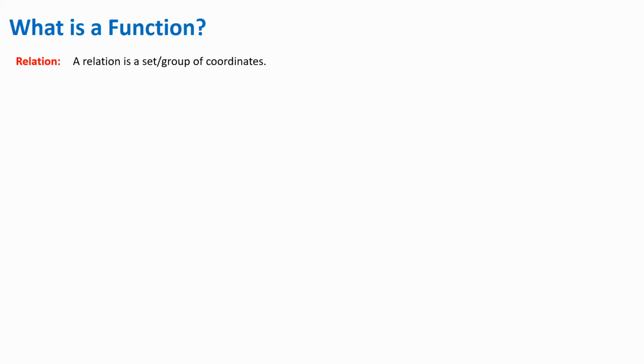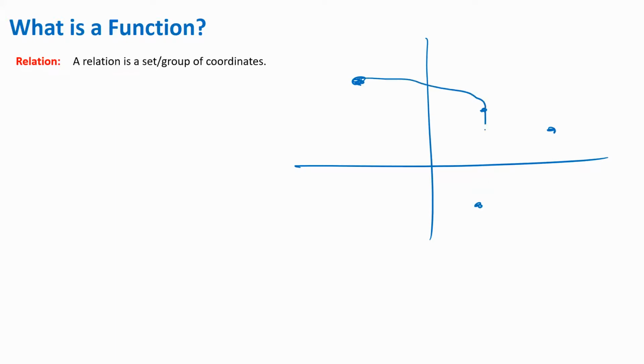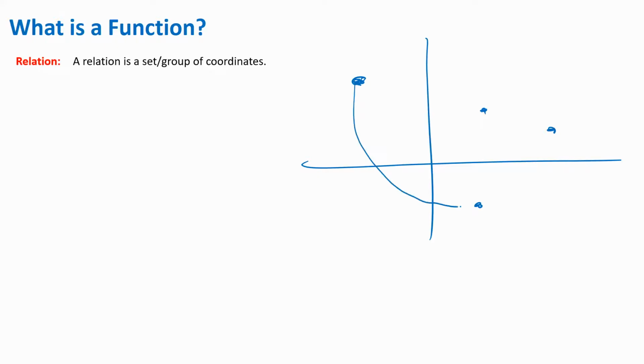So an example would be something like this. If I just did this coordinate, this coordinate, this coordinate, this coordinate, and I connected the dots this way, that's called a relation. If with the same coordinates, let's say I decided to connect it this way, that's a relation. If I decided to do this, that's a relation, okay?